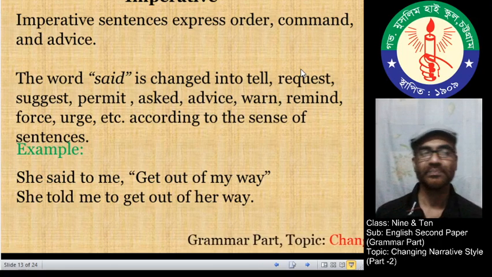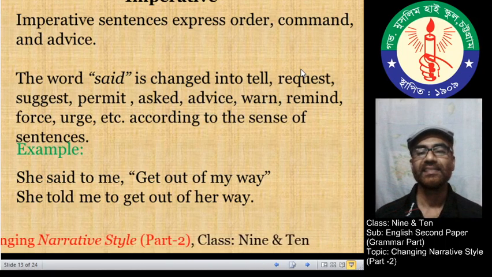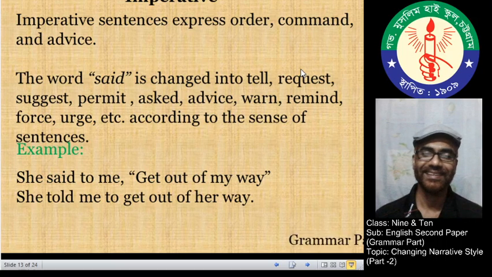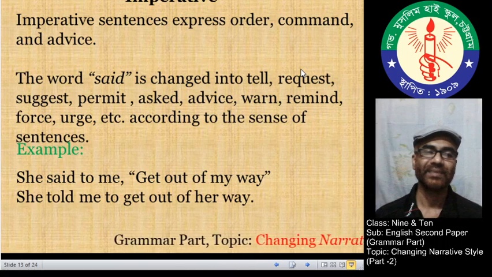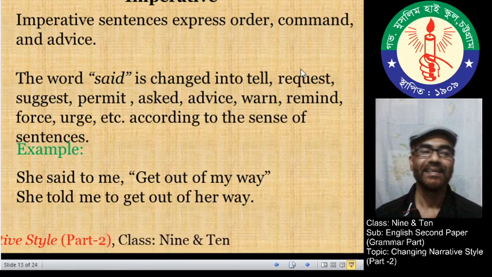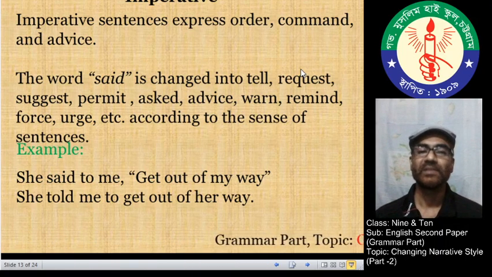Let's see the example. She said to me, "Get out of my way." She told me to get out of her way. Okay, you got it. You see we used told instead of said, and to plus base verb, to get.